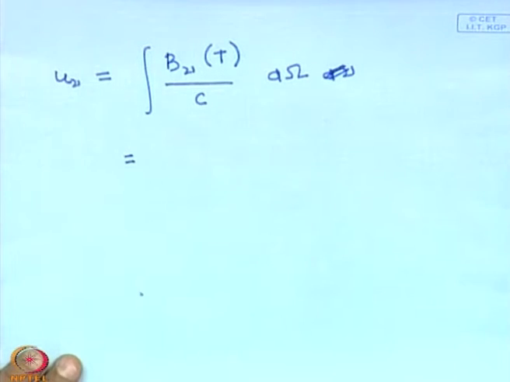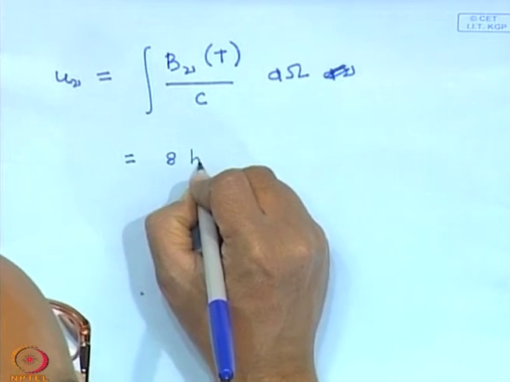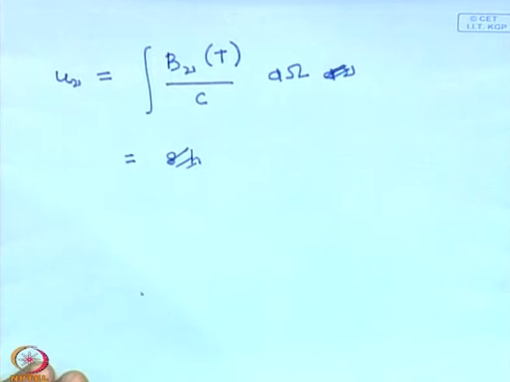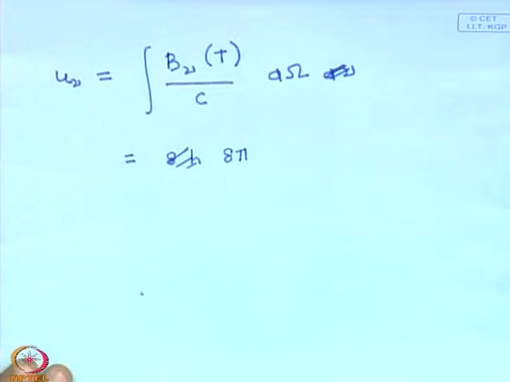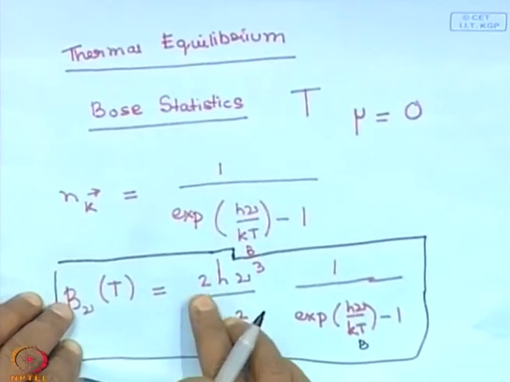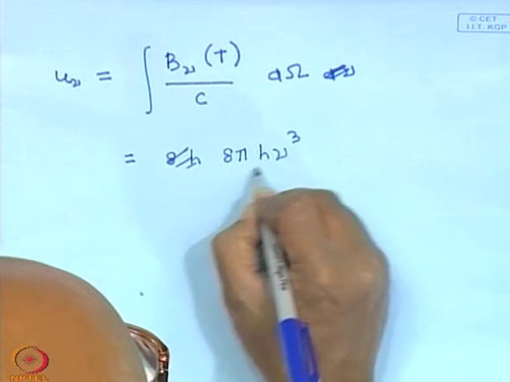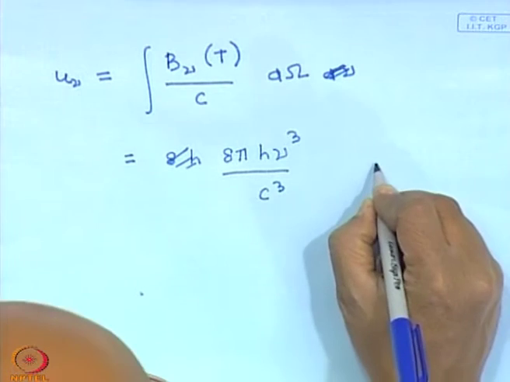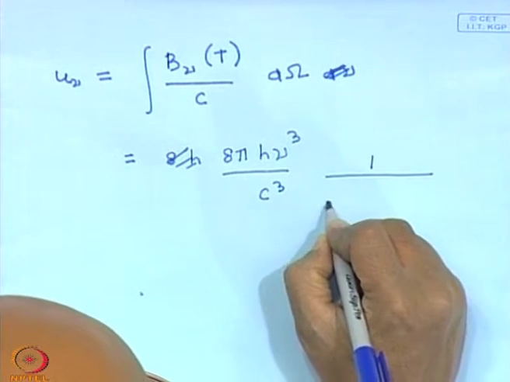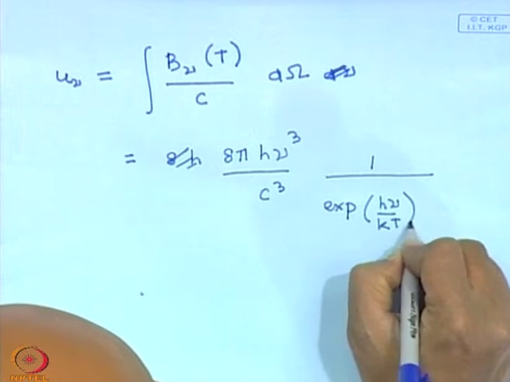So, how much is this? Let me write down. This is equal to 8 pi, since I am just multiplying by 4 pi, h nu cube by c cube into 1 by exponential h nu by k T minus 1.